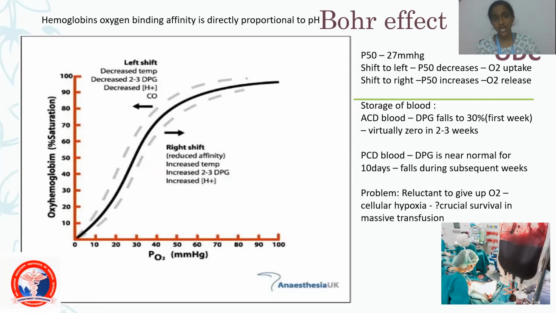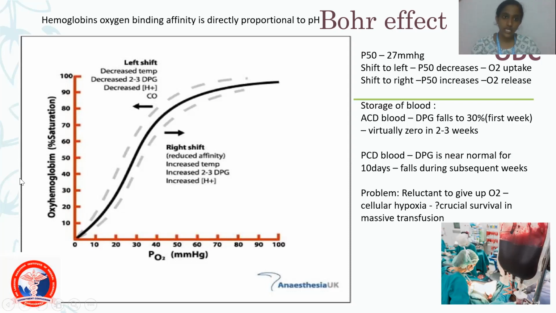It is the partial pressure at which the hemoglobin is 50% saturated with oxygen. So when you plot this 50 against the x-axis, it comes around 27 millimeters of mercury, which is the P50 in a normal adult.